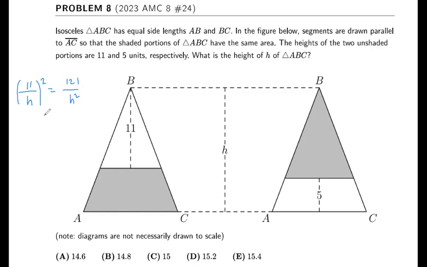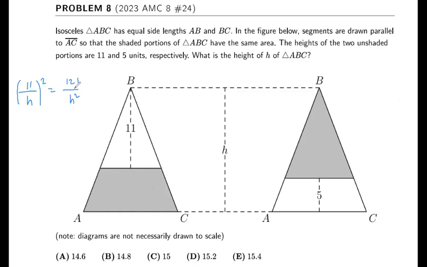Why did I square? Because whenever you have two figures scaled by something, which is 11 over h in our case, you need to square that scale to write the ratio of the areas. So if you know this region as 121, the whole region will be h squared, whatever that number would be. But we don't really know, and we are told this region and this region are the same.